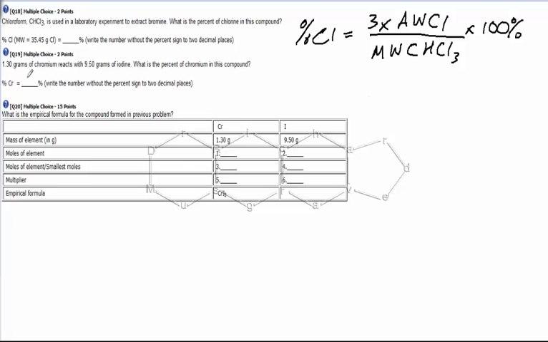This one here, we're asking 1.30 grams of chromium reacts with 9.50 grams of iodine. What's the percent chromium in the compound? I think the easiest way to find the percent chromium in that compound is to take the mass of chromium and divide it by the mass of chromium plus the mass of iodine.